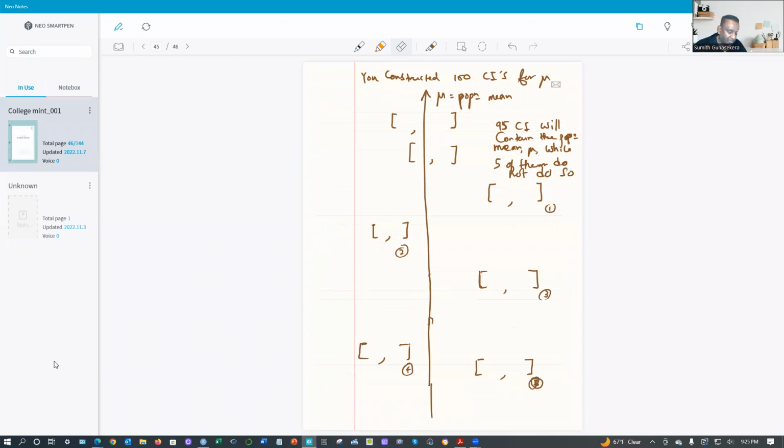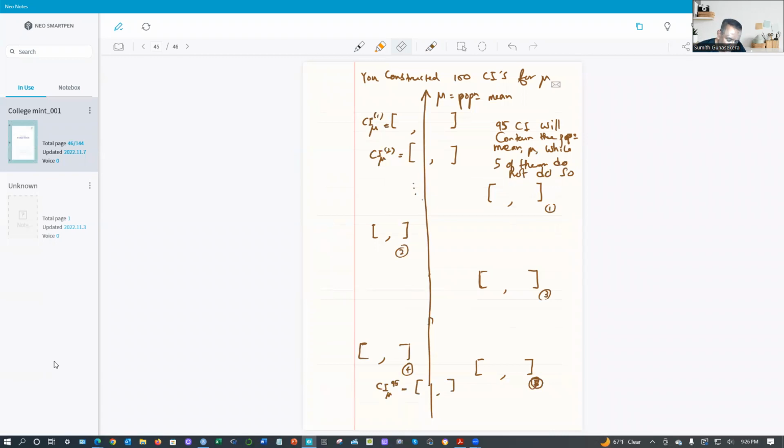This is the confidence interval for mu. The first one is the confidence interval for the first sample, then the second one, and you keep going, all the way up to the 95th one.